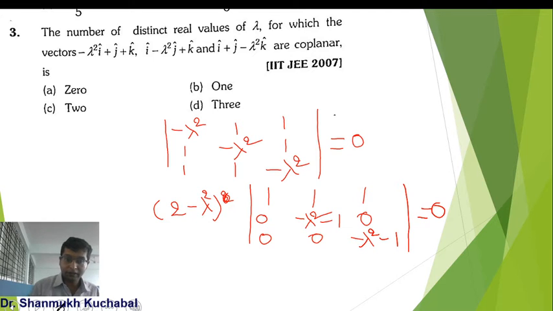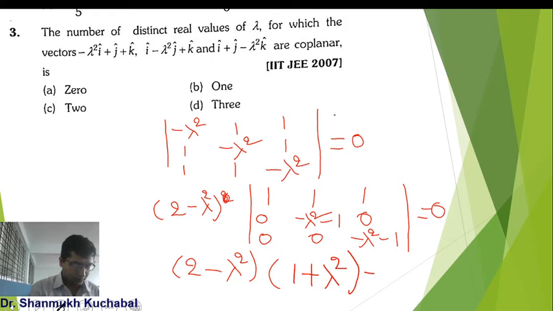So further, in one bracket we get 2 minus lambda squared, and in another bracket we get 1 plus lambda squared, equal to 0. If we simplify this, we get lambda squared equals minus 1, which is complex. We want a real solution, so we equate the first factor to 0.